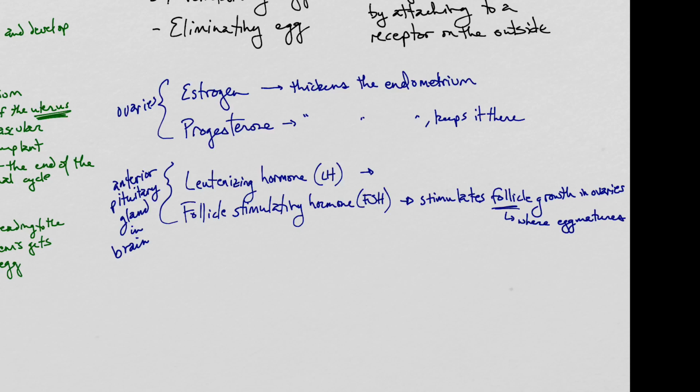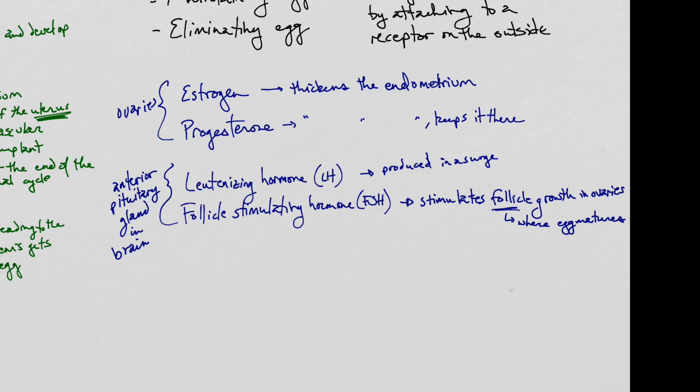Luteinizing hormone is produced in a surge, which means it's not produced throughout the whole cycle, but instead it's produced in really high concentrations at about day 14 of the menstrual cycle. And it causes ovulation.